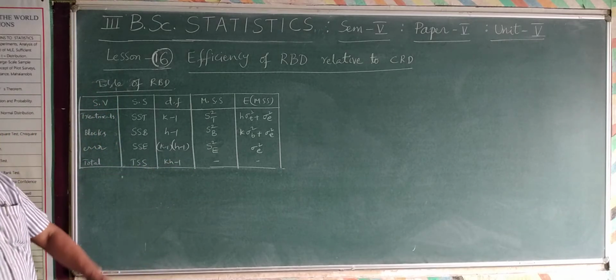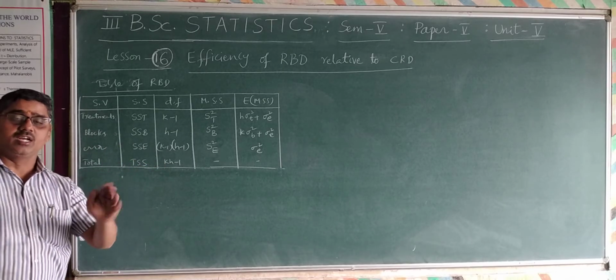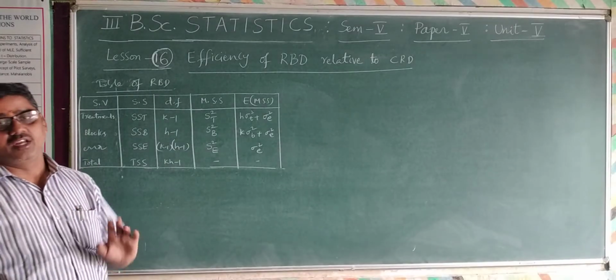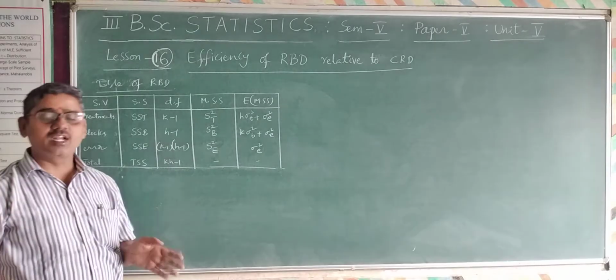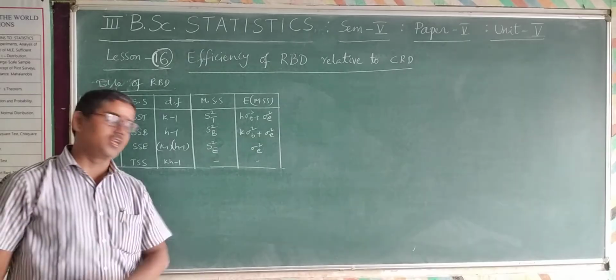Same experiment with k treatments and h blocks. Here we consider these are the h replications: K treatments and H replications. I have considered the same treatments of the same experiment for CRD.